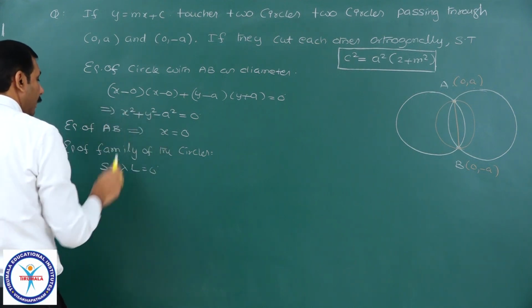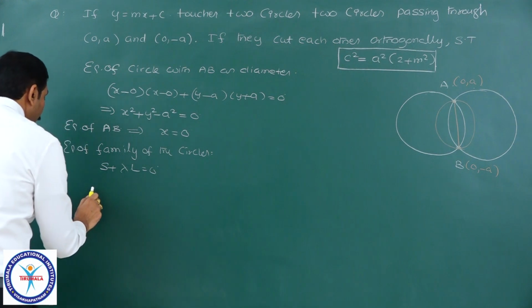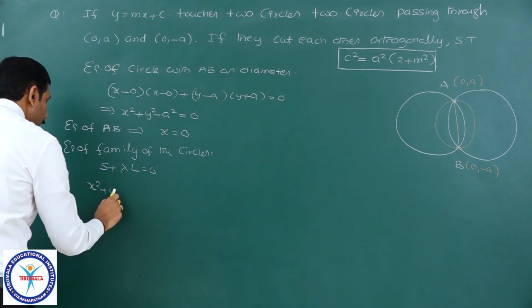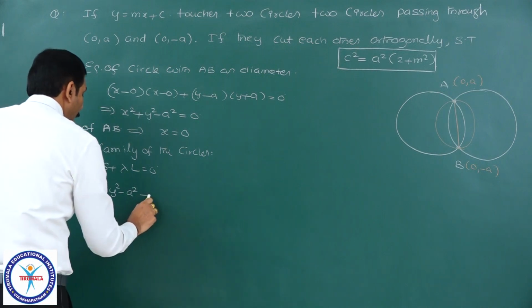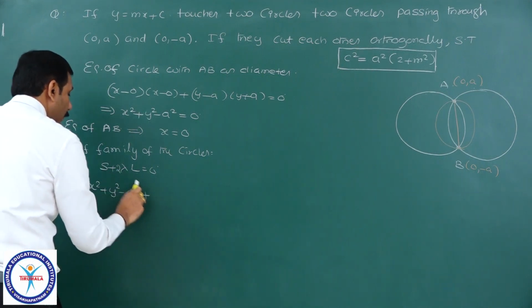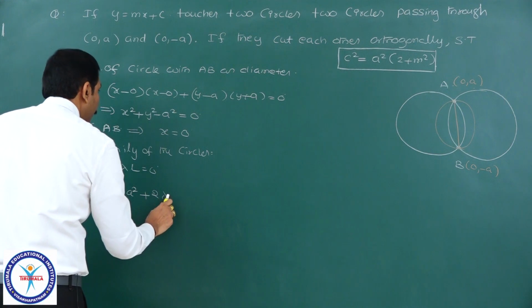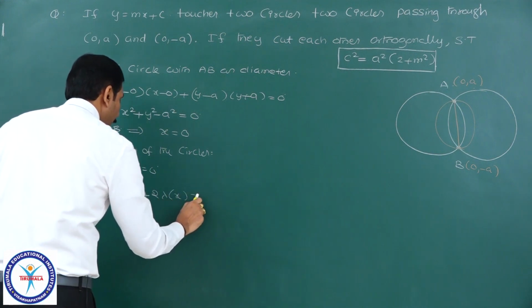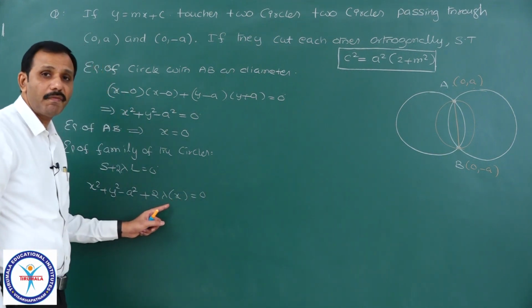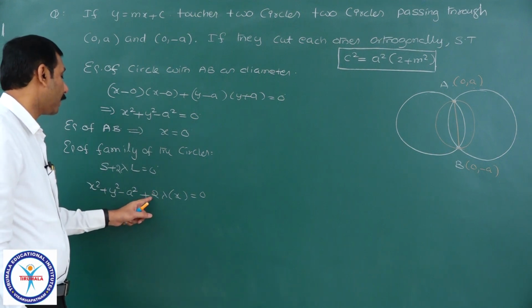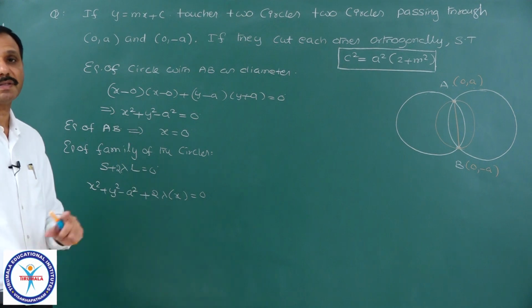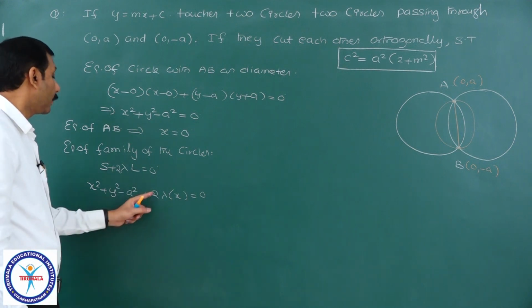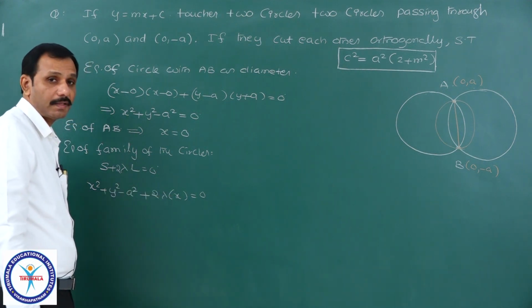Here it is L and it is S. x square plus y square minus a square. I will take in place of lambda, 2 lambda, 2 lambda into L, means x is equal to 0. To avoid fractions, I have taken 2 lambda. Either lambda or 2 lambda is a constant only. To avoid fractions, I have written in this way.